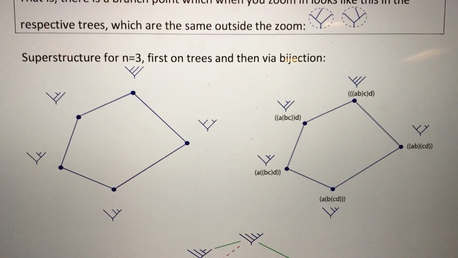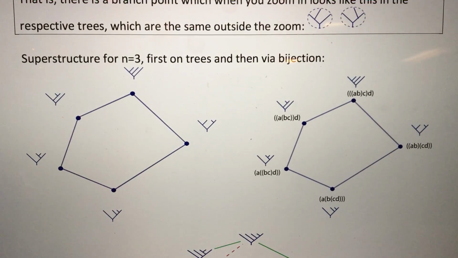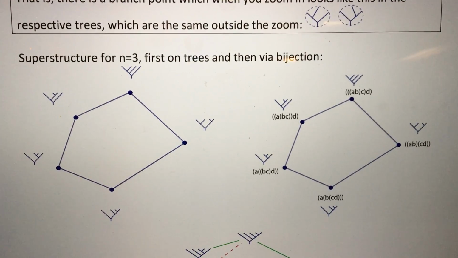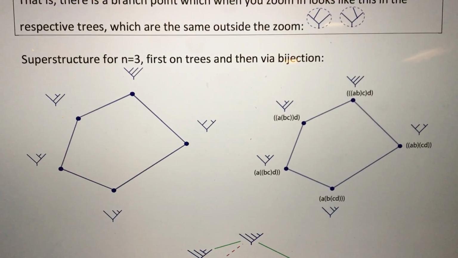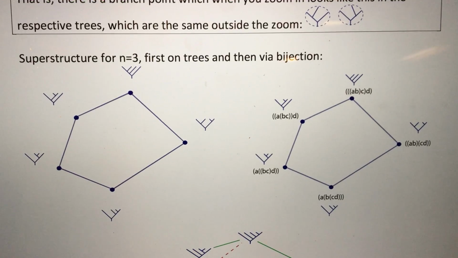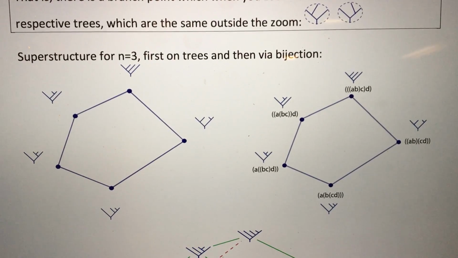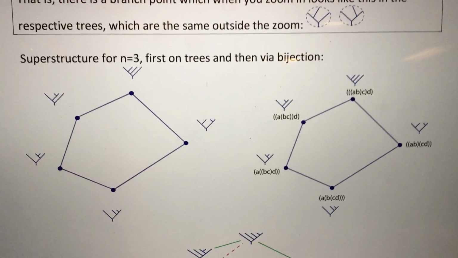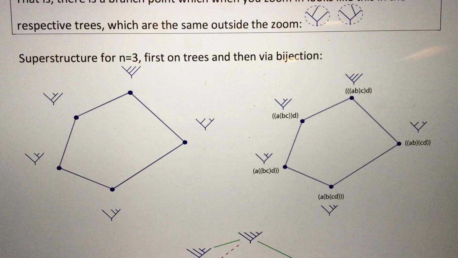So the next thing that you're supposed to do is, once you've figured out what that superstructure is on one set, and it can be anything, it's completely creative here, then you show it on the other set, the other structures, via the bijection. Now this bijection works because it's the one that we observed on the small set.